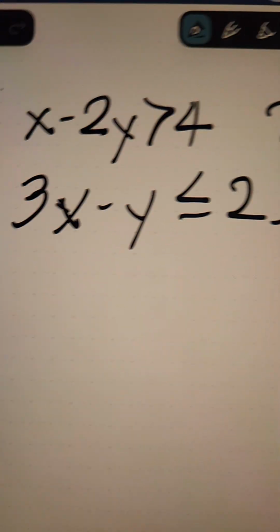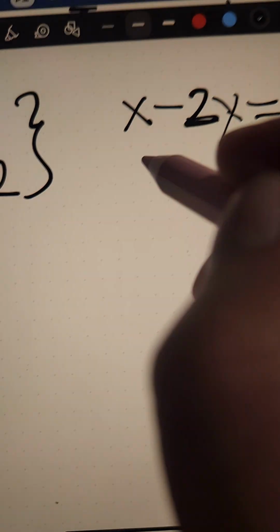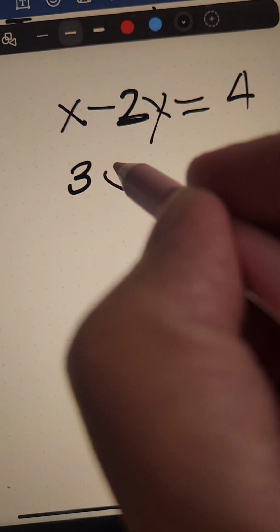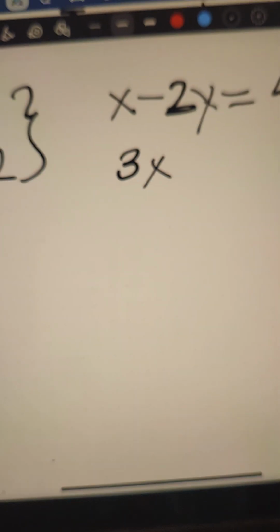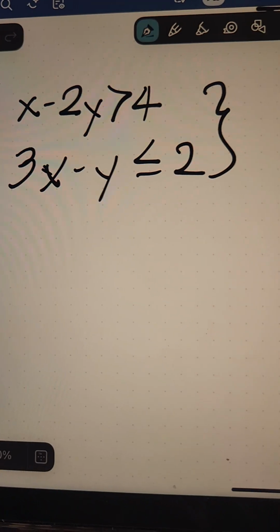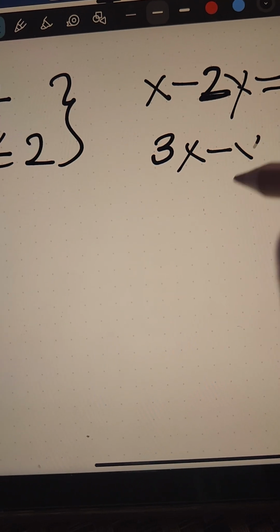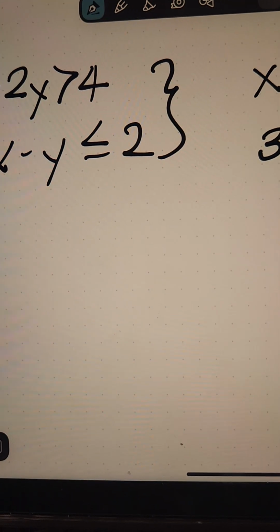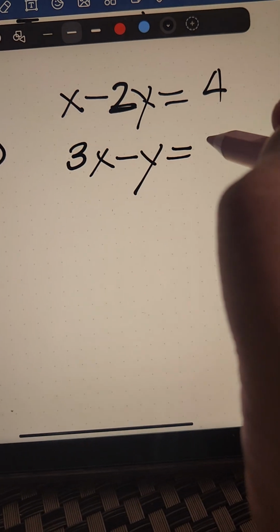So for this one, ganun din siya. So baguhin lang natin siya. Okay, so it's 3x minus y is equal to 2.